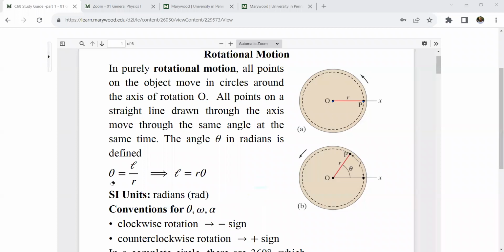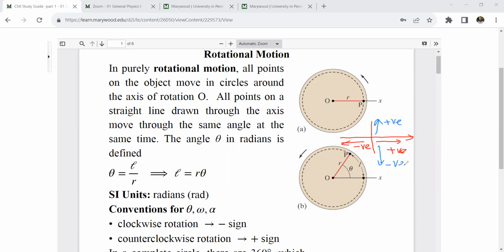Now, in linear motion, if you remember, if something goes in this direction, we use a positive sign. If something goes in this direction, we use a negative sign. Or if it goes upward, we use a positive sign. That was our usual convention.